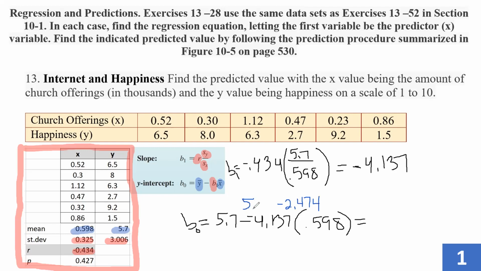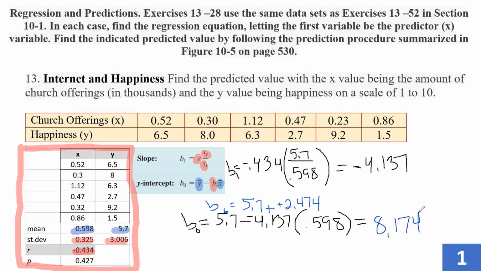So 5.7 minus that, so you plus both of these. 5.7 minus 2.474 gives me a value of 8.174. Now, you guys able to follow me with that math?